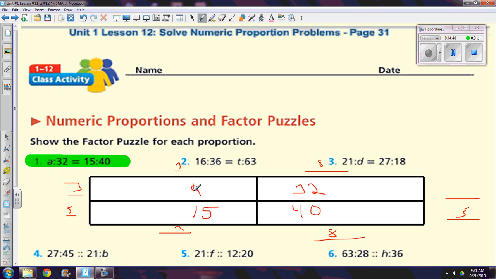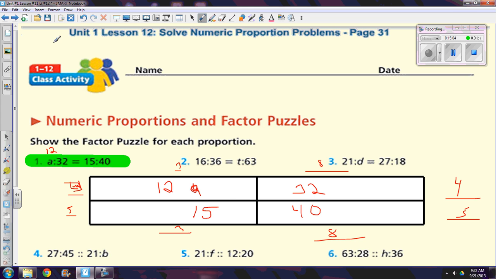Oh, I'm sorry, that's not it, that's an A. Sorry about that, let's try this again. 32 divided by 8 is 4. Bring the 4 over. So 4 times 3 is 12. So A would equal 12.